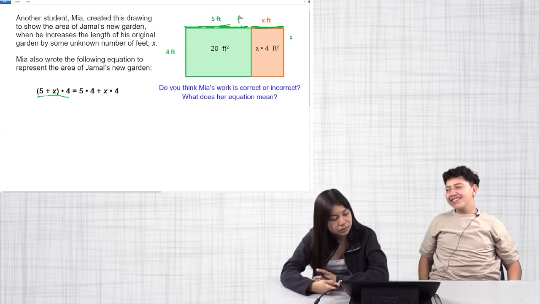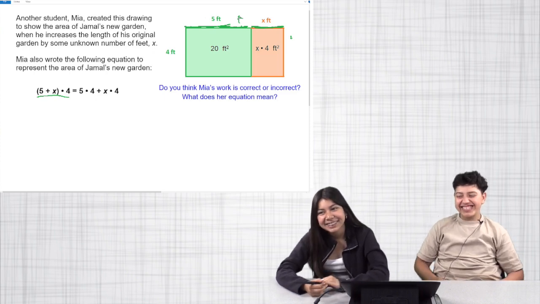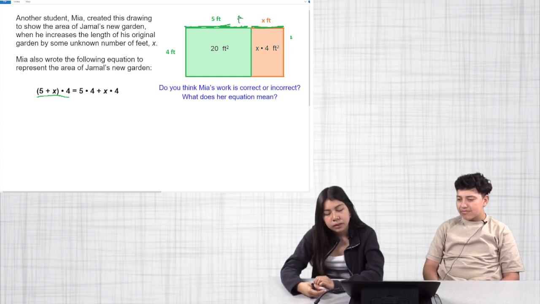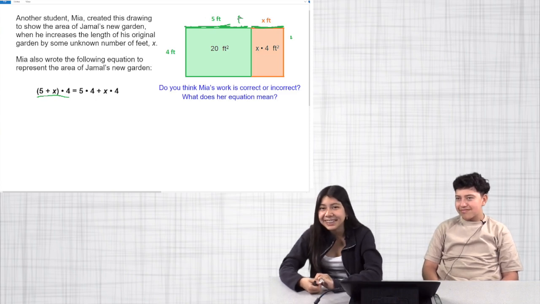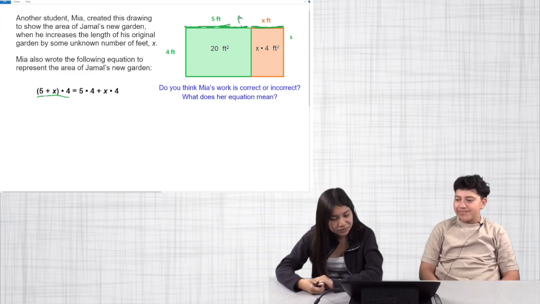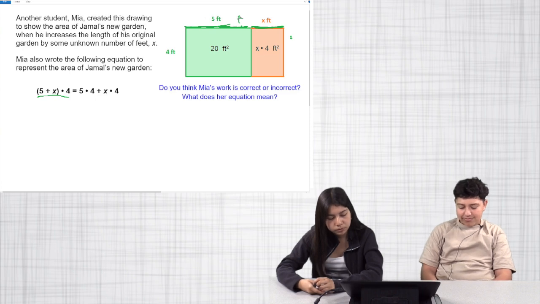I put the length this way. Now, when you do the multiplication, the 5 plus x times 4, what do you get? So you said the 5 plus x is the length of the new garden. The 4 is the width of the new garden.